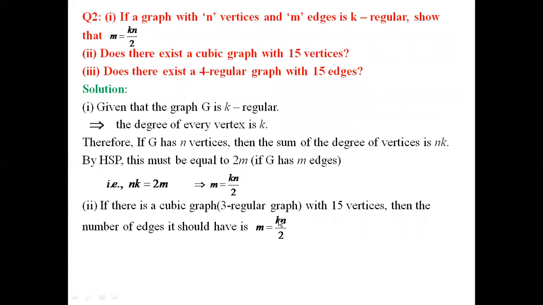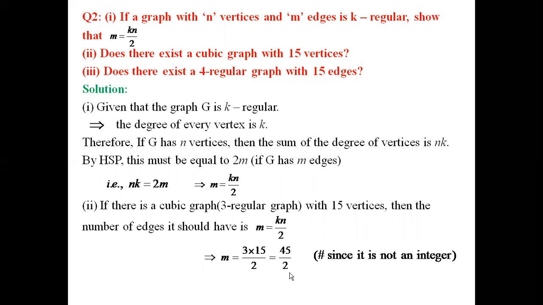So we substitute the same thing here, which gives us 3 into 15 divided by 2, which is 45 divided by 2. We are talking about the number of edges in the graph. So that is m. M cannot be 45 by 2. Number of edges cannot be a fractional number.